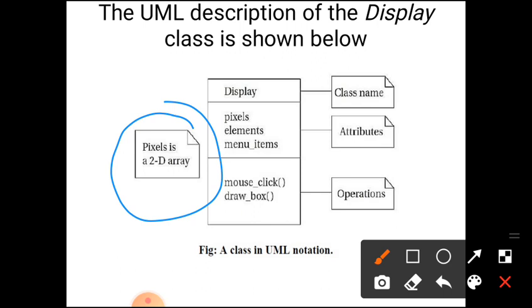The attribute is an array of pixels that hold the content of the display. The object is identified in two ways. It has a unique name and it is a member of a class. The name is underlined to show that this is a description of an object and it is not a class.